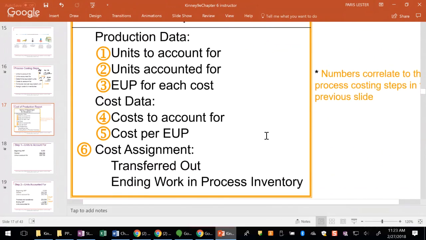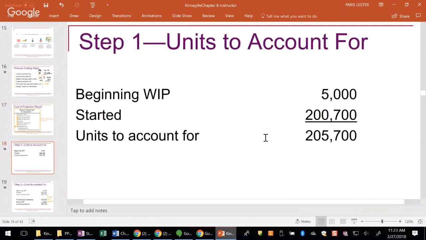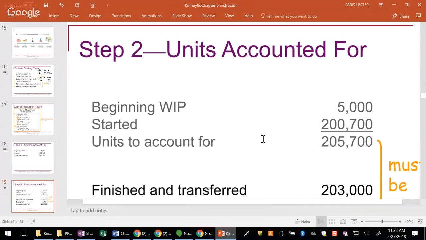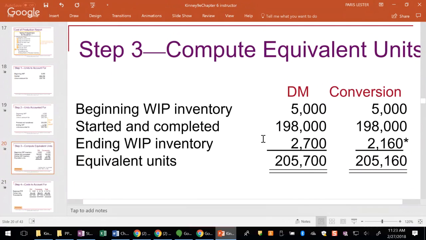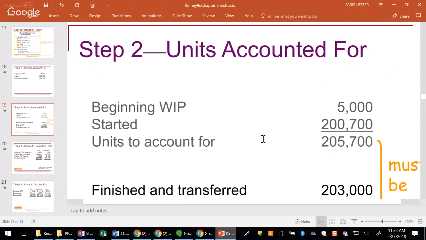Same thing here. Now, this is sort of like a production report also. All right, there's your beginning inventory and started, and they give you 205,700 units to account for. Then your equivalent units to account for.